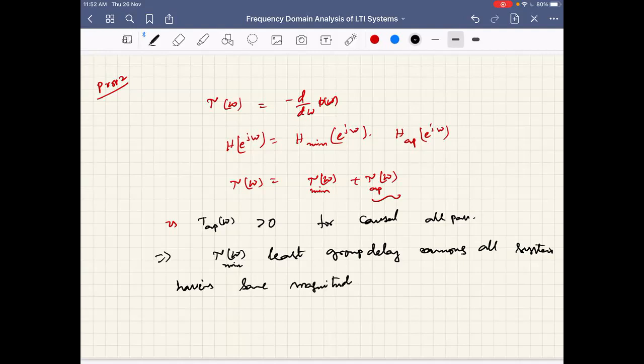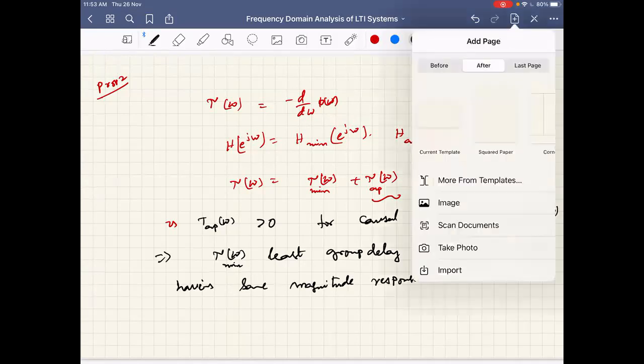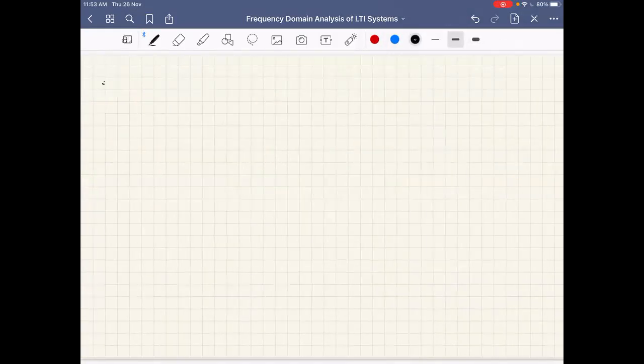So τ_minimum(ω) is always less than τ(ω) for systems with the same magnitude response. So this is the next property. There is another property that is referred to as the minimum energy delay of minimum phase systems.